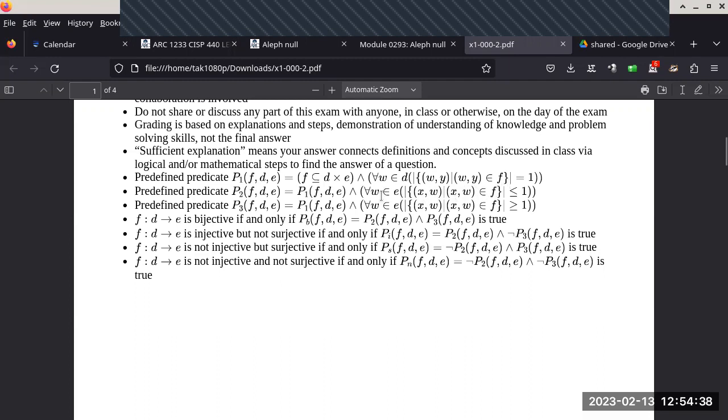And since we can find at least one such W, the universally quantified expression is false, because it wants this to be true for every single element in the codomain. The fact that we find one of them to make that false means the entire universally quantified expression is false.